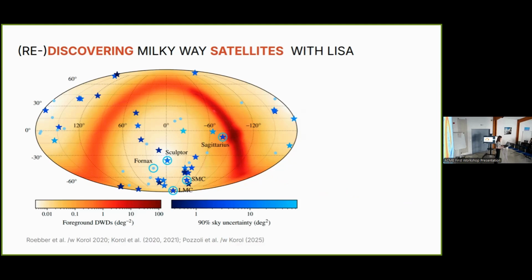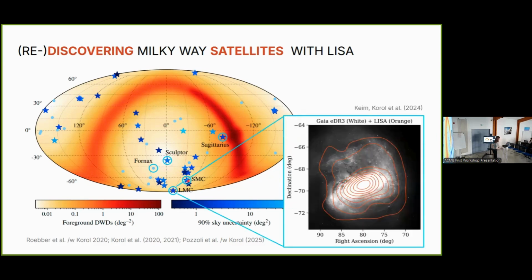The red and orange is the Milky Way plane, and the points and stars are known satellite galaxies. The ones where we have more LISA detections than in the Milky Way background I highlighted with blue circles. So, for instance, the Magellanic Clouds will be really spatially resolved galaxies in the LISA sky.